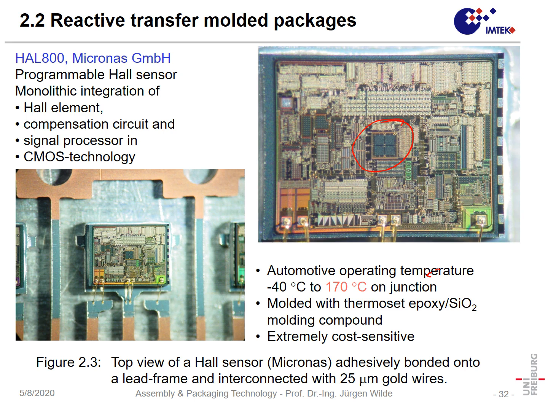Another thing which is important and which had been in use was reactive transfer molded packages. Such packages always consist of a lead frame. That lead frame is made of copper, and onto that lead frame a chip is mounted, and that is adhesive bonded.